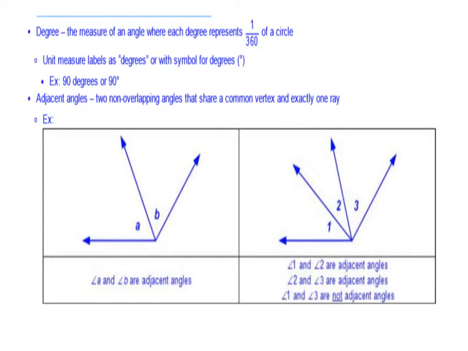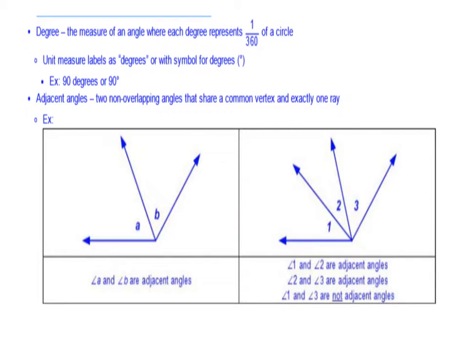Now, here we see angle 1 and angle 2. They are adjacent because they're sharing one ray, and they're not overlapping. If we look at angle 2 and angle 3, they are adjacent because they're sharing one ray and a common vertex.